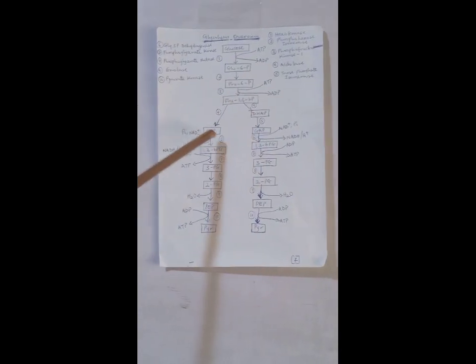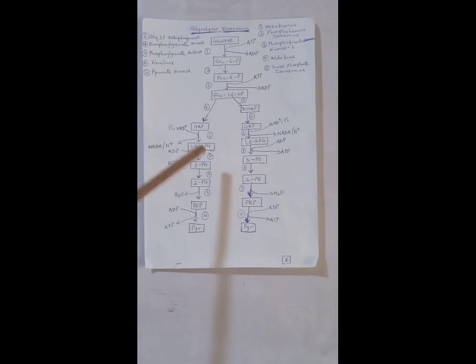Now, from step 6, you begin to look at the payoff phase, whereby ATP is being produced. Recall that in steps 1 to 5, 2 molecules of ATP were invested or used up in the process, and in steps 6 to 10, we have ATP being produced.